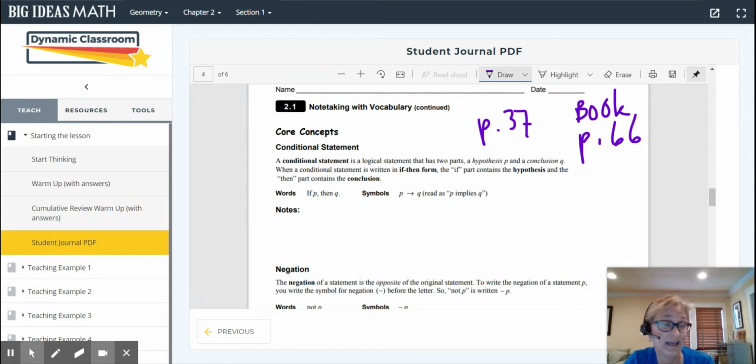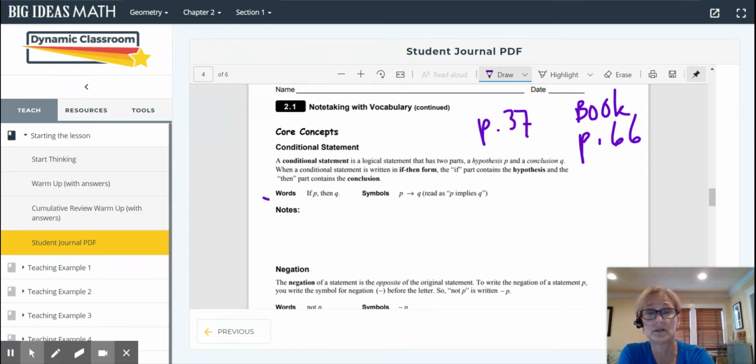So instead of saying hypothesis, we say P, and conclusion, we say Q. When a conditional statement is written in if-then form, it looks like a sentence. But mathematicians are lazy. We don't want to write out a whole sentence if we could just put a couple of symbols. Okay, so the if part is the hypothesis, and the then part is the conclusion.